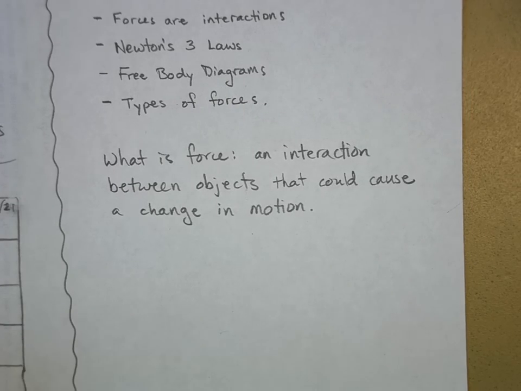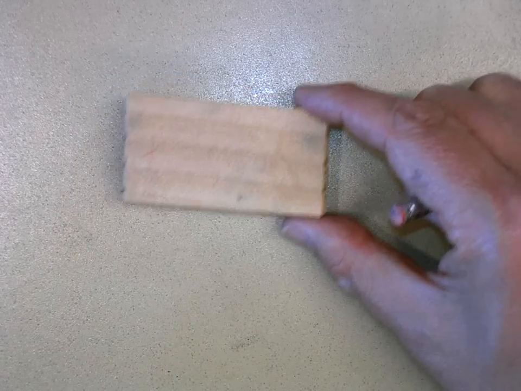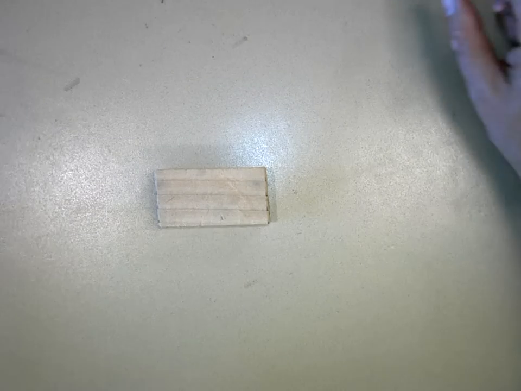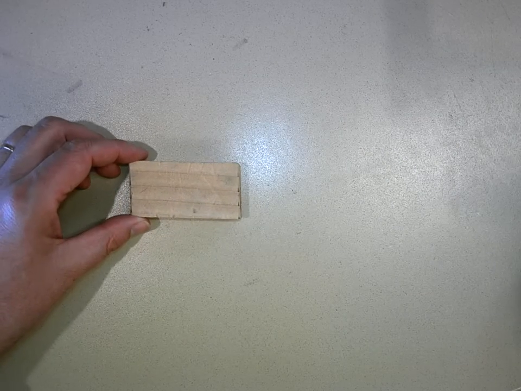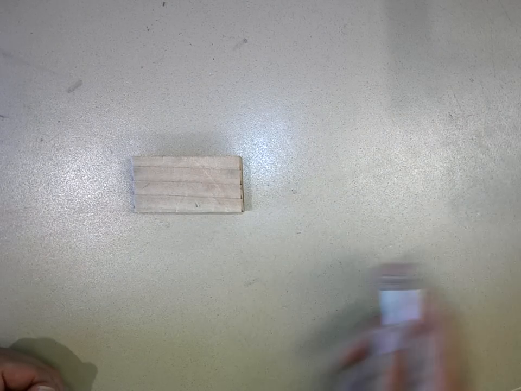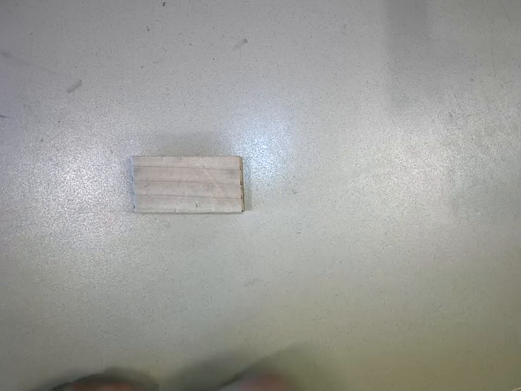Now here's an object, and I'm just going to do a little demonstration. Here's just a little block of wood, and let me zoom out here so you can see it. This isn't all that exciting, but it fits under the camera, so that's what I'm going to use. Now, there are different objects in play here. This block of wood is interacting with the table.